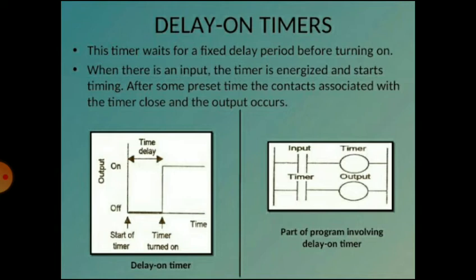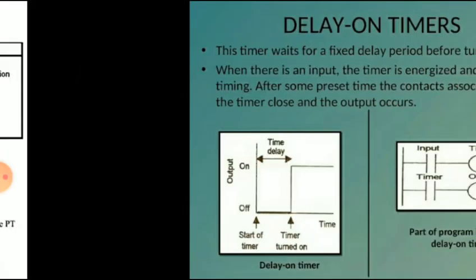You can see the ladder diagram for the timer. There is the input, then the timer, then the timer switch. After the preset time, the timer switch will be on and then the output occurs. This is the on delay timer.